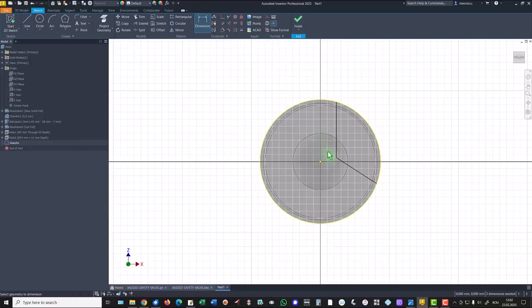This distance is 3 divided by 2. And this is also 3 divided by 2. I take the dimension from here. The angle is 120.